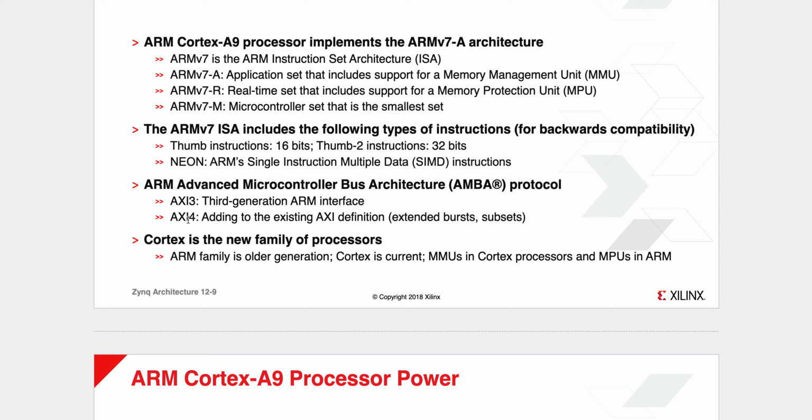Why do we need it? We need it for the support of transfer of large data width, extended burst length, and improved memory mapping. So for the Advanced Extensible Interfaces, we have a third generation and a fourth generation.